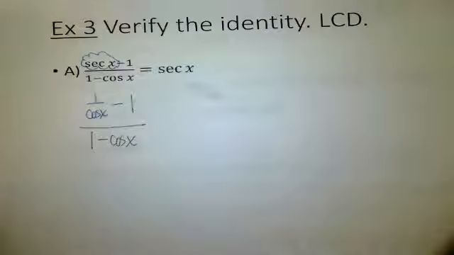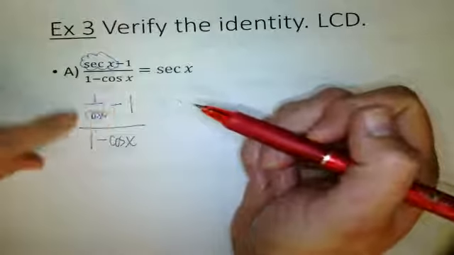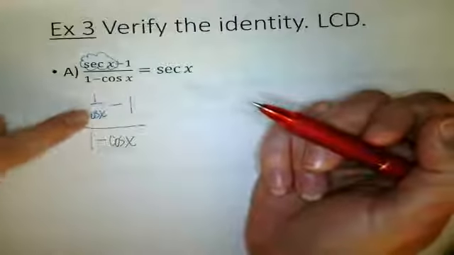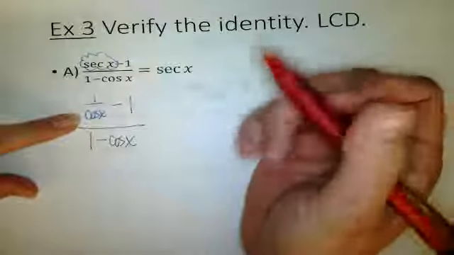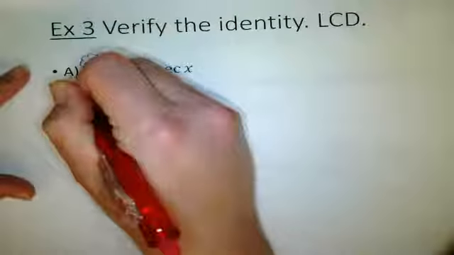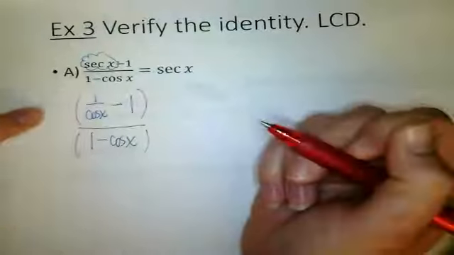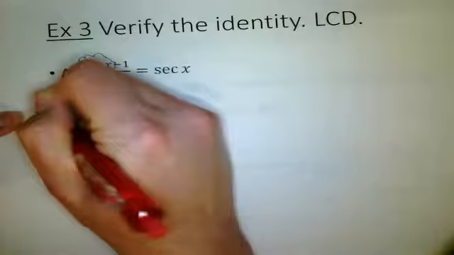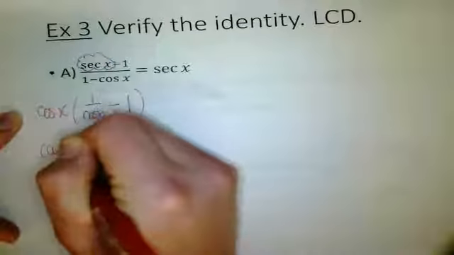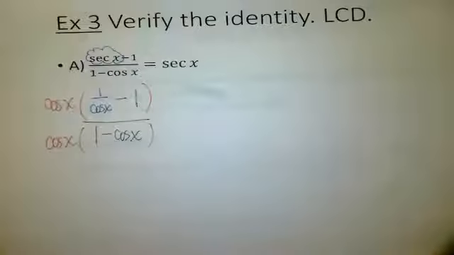But what I want to do is think about using the LCD. This has a denominator of cosine of x. And what I want to do then is multiply top and bottom by the cosine of x. Okay, watch what happens.